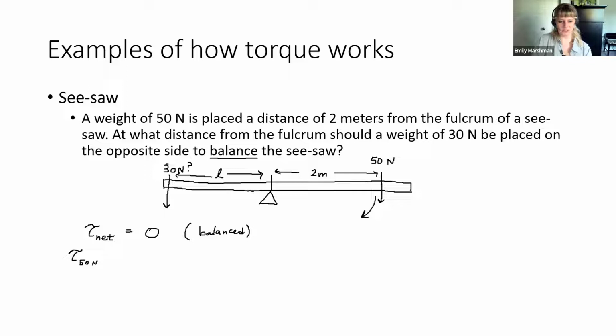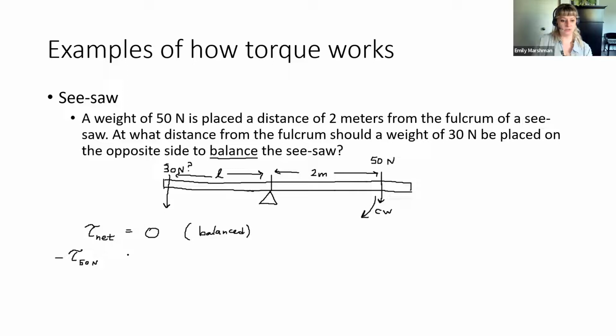Like if there wasn't a 30 Newton weight on the other side and I just placed this 50 Newton weight here, can you see that the seesaw would rotate downwards like this and it would be following a clockwise rotation. So we're going to say that the torque due to the 50 Newton weight is negative by convention. It's a clockwise torque, we'll call that negative.